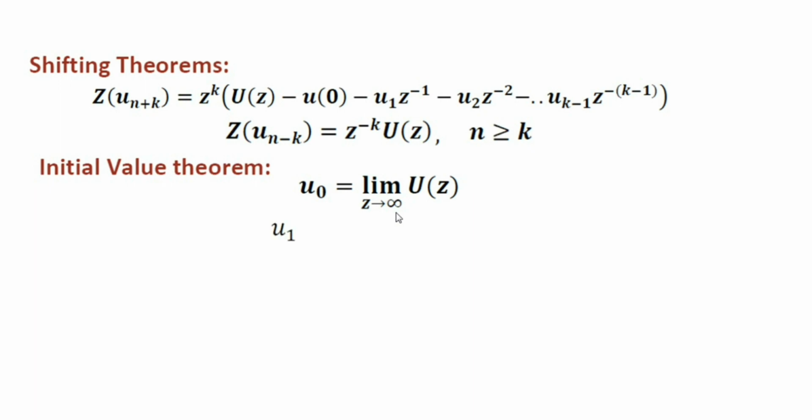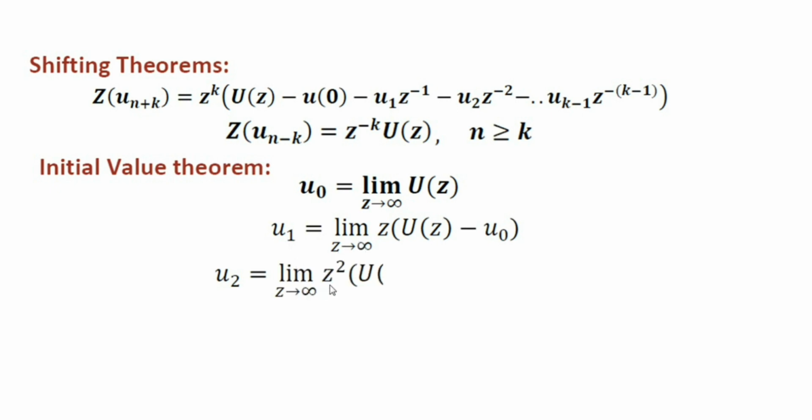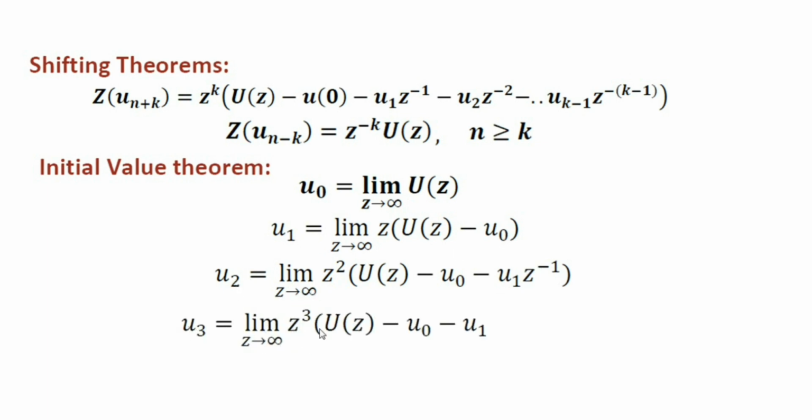Similarly, one can see u_1 = limit as z tends to infinity of z[U(z) - u_0], u_2 = limit as z tends to infinity of z^2[U(z) - u_0 - u_1 z^(-1)], and u_3 = limit as z tends to infinity of z^3[U(z) - u_0 - u_1 z^(-1) - u_2 z^(-2)]. And remember all these formulae to get u_0, u_1, u_2 and u_3.